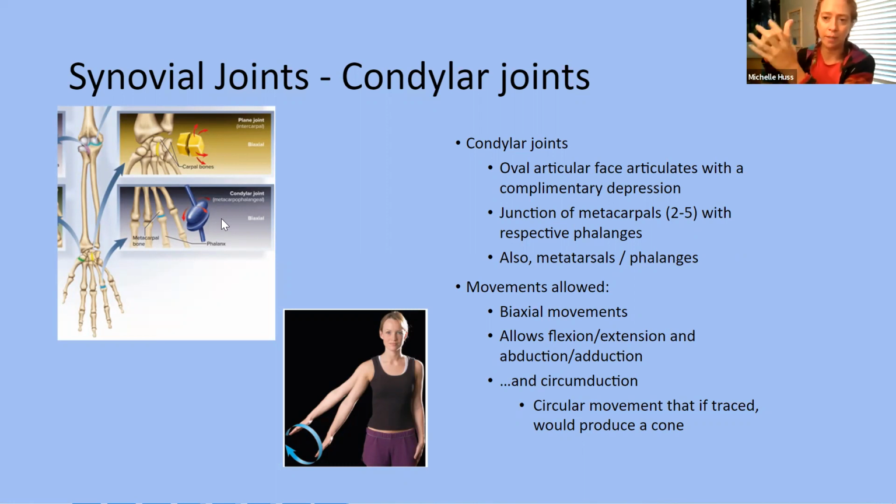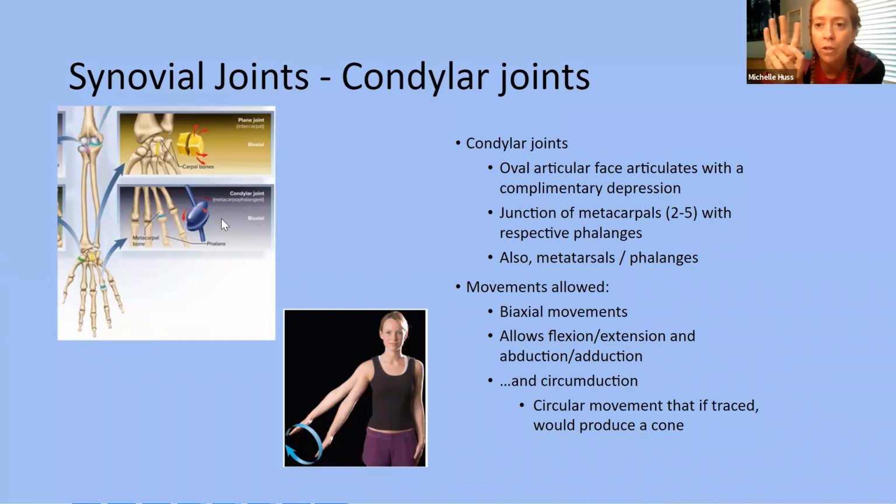And this joint right here, so it's the base, the metacarpals to the phalange of your first, only the thumb. Hold on. Yep. Am I wrong? I'm wrong. Metacarpal phalange. Oh, it's not the thumb. It's metacarpal phalange 2 through 5.